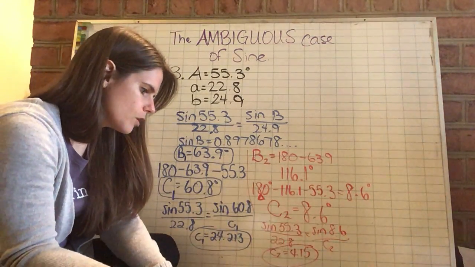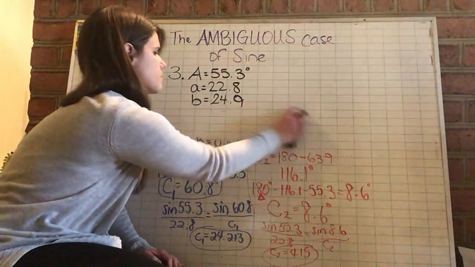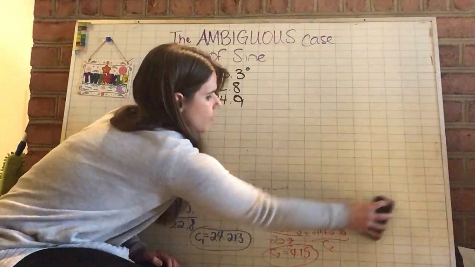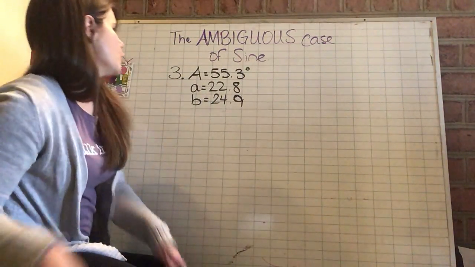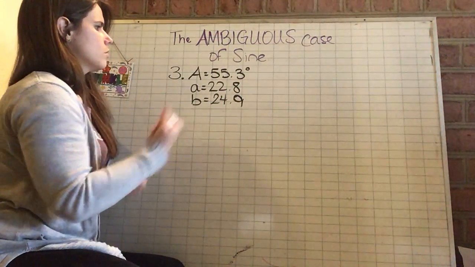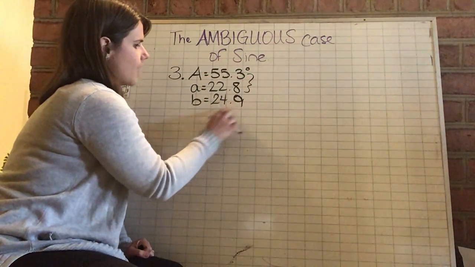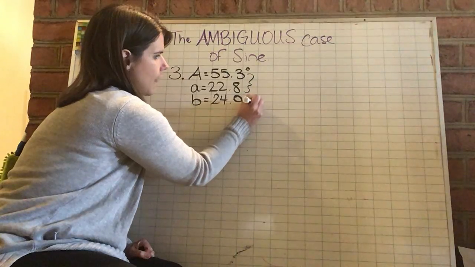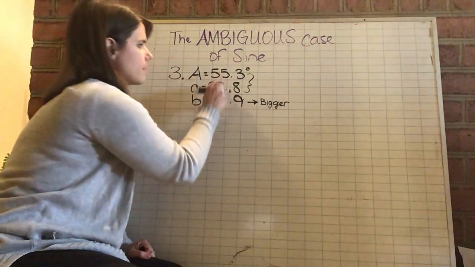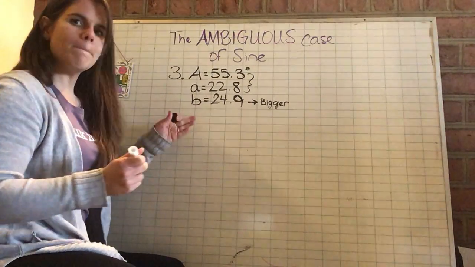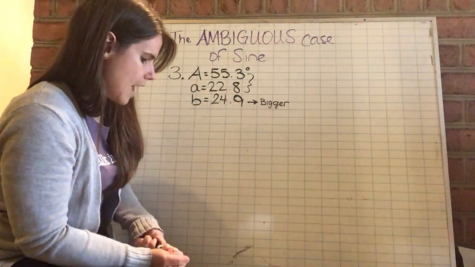So now that we've gone through each example, in this third one that we did, you'll notice that these two go together, right? And then our side that's by itself is this one, and this side is bigger than the side that's paired with an angle. That means there is definitely a possibility of a second triangle.